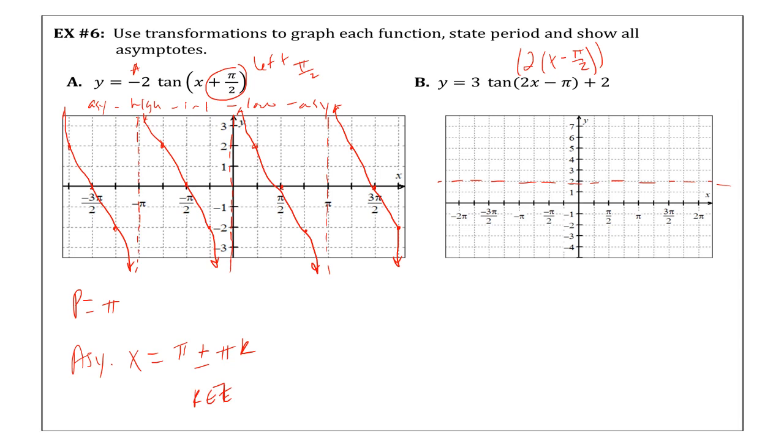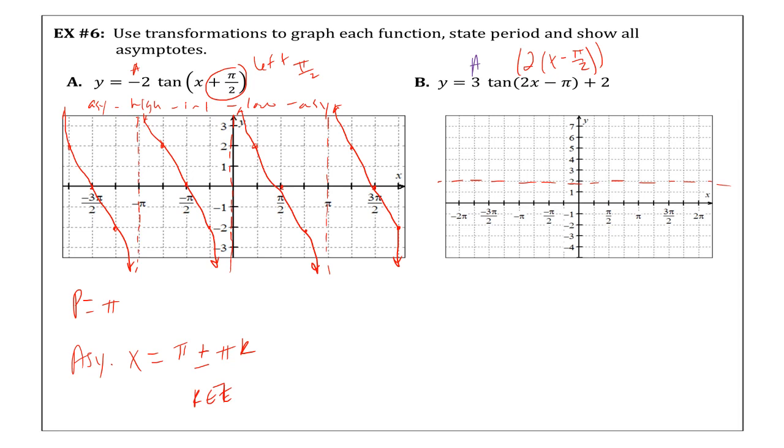Okay, so we know what our a is going to do to our function. Our a is going to affect our high and our low. Our b we talked about in 3A.8 part A, and we're going to do our b first so that we can figure out our asymptote. But to find our new asymptote place, we're going to be using our B and our A.